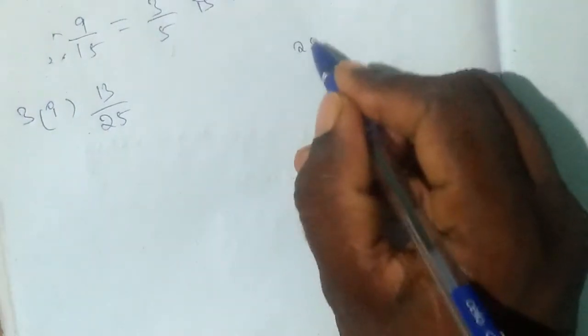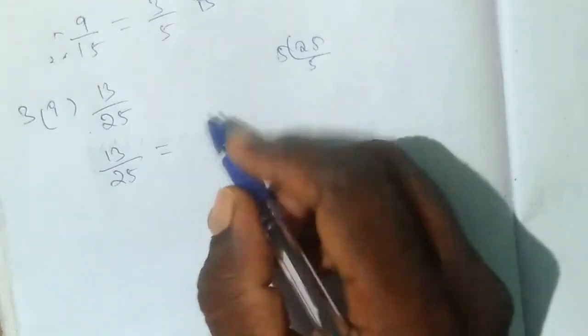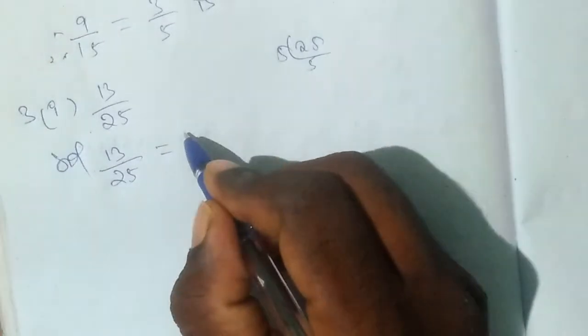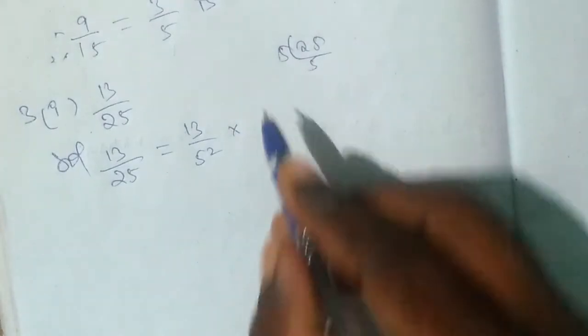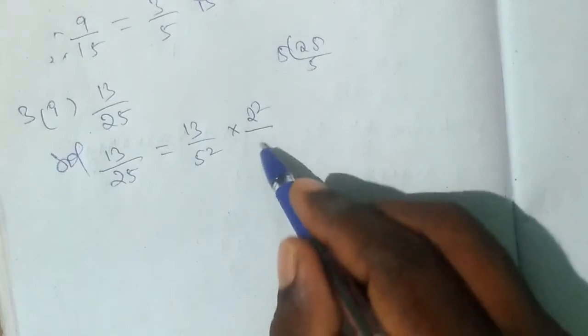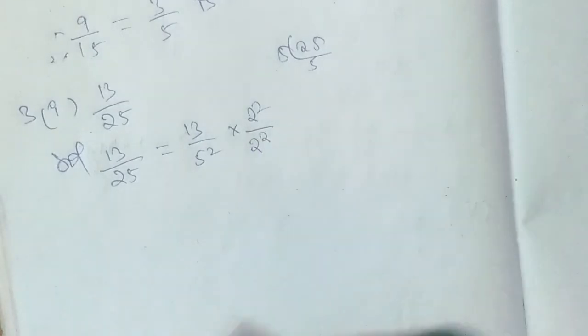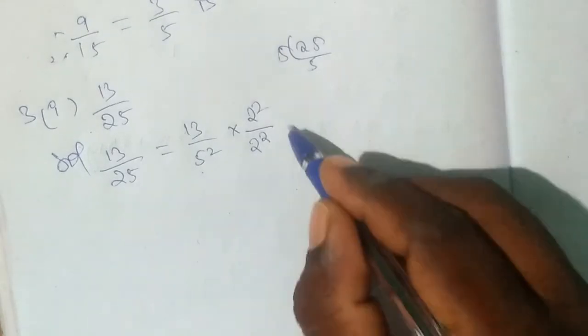So 25, 5 5s are 25. 13 by 25 is equal to 13 by 5 square. Now you multiply the numerator and denominator with 2 square, because here we have 5 square.